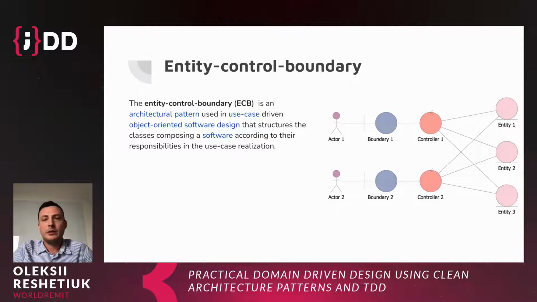Boundaries are objects that interface with system actors, like the users or external systems. By the way, Windows screens and menus are examples of boundaries that interface with the user. And control objects actually mediate between the boundaries and entities.